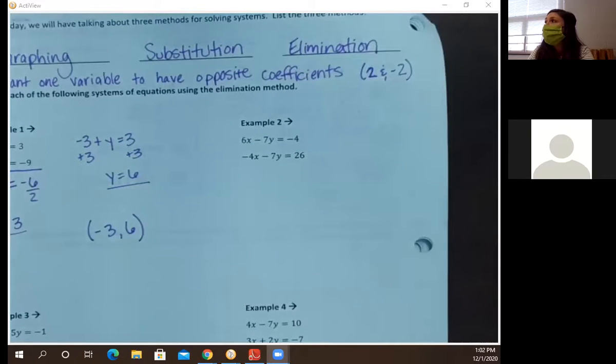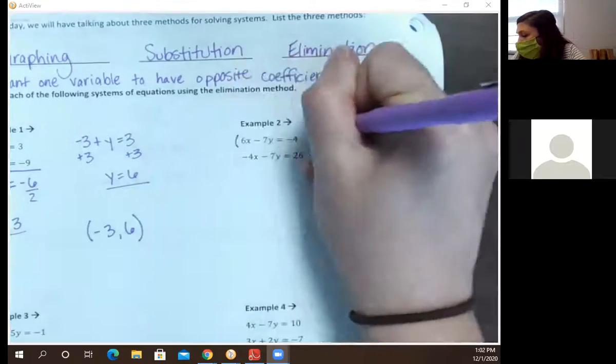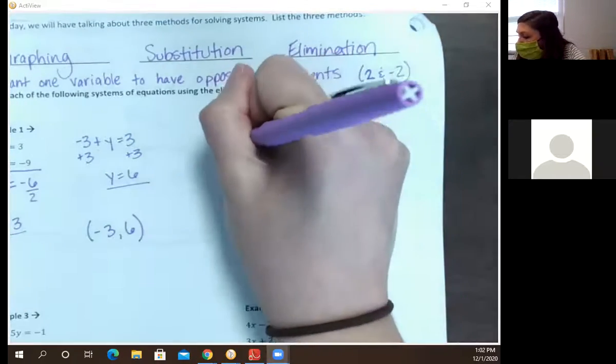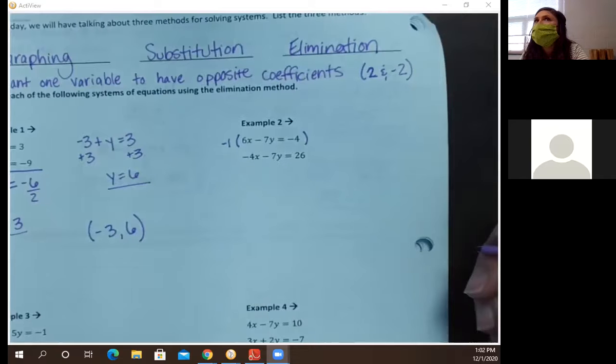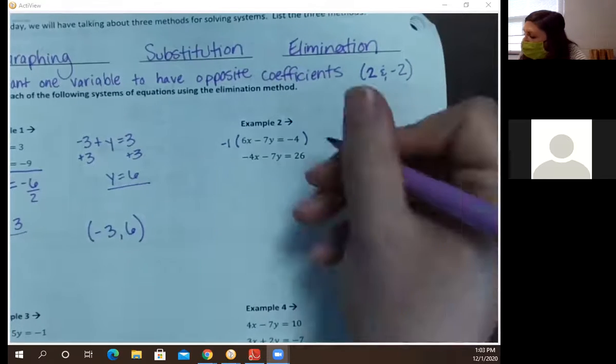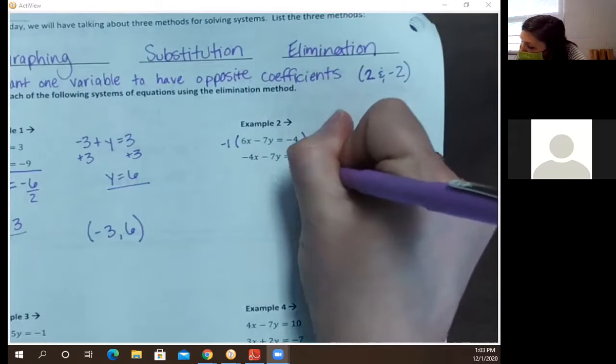Does anybody have a preference? Top or bottom? Okay. Let's multiply the top equation. No particular reason. I'm going to multiply the top equation by -1, and then I'm going to rewrite it down here.